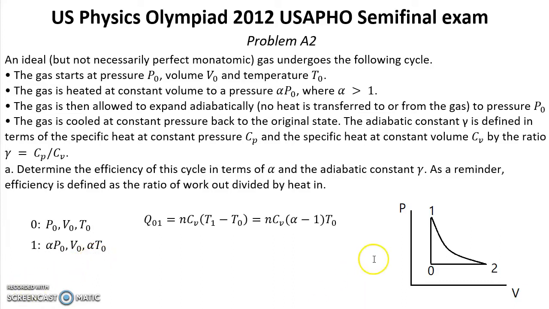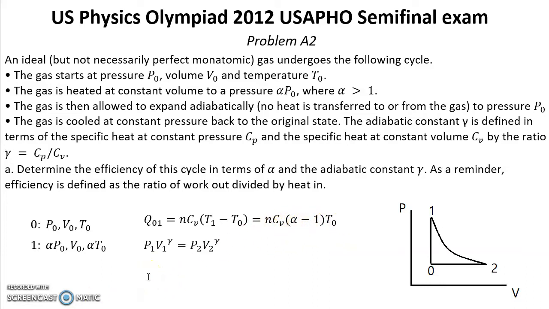During isochoric process from 0 to 1, heat Q01 was added to this gas, which is number of moles multiplied by heat capacitance Cv multiplied by temperature difference. So that will be N Cv multiplied by (alpha minus 1) T0.